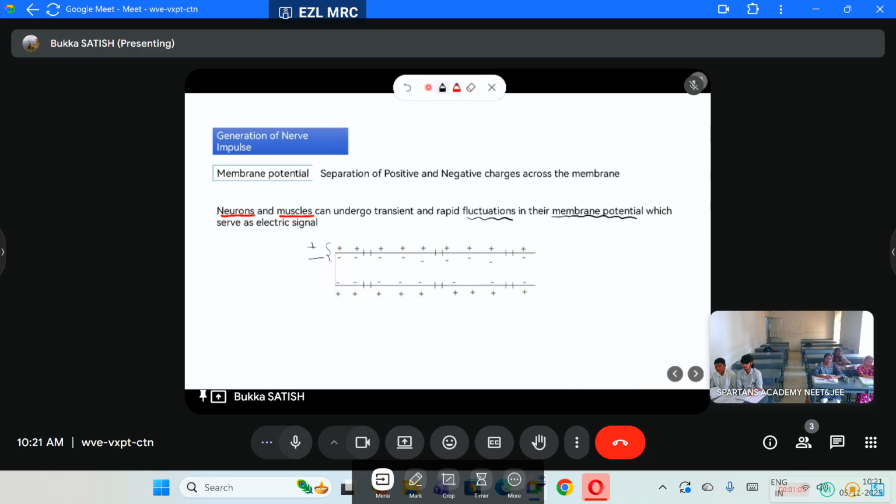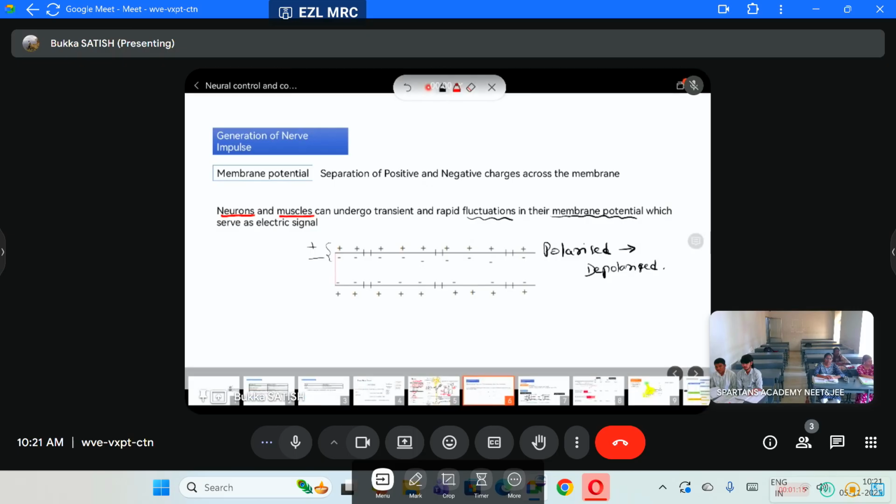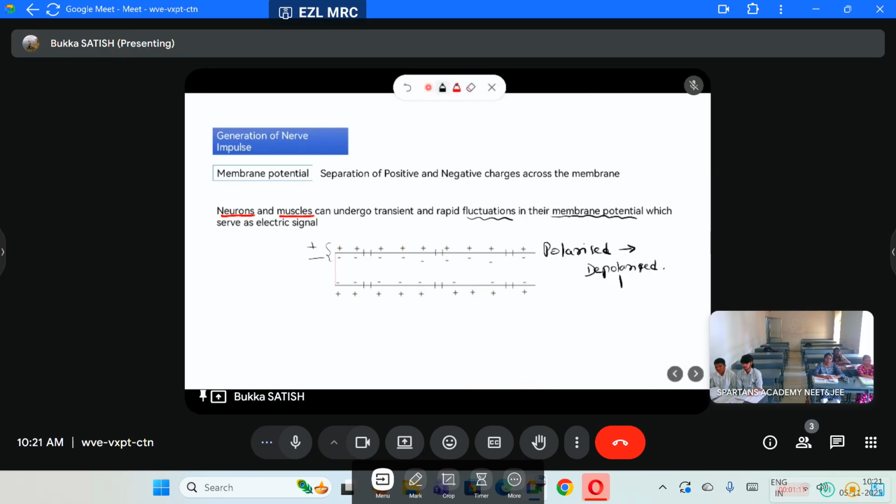This condition is what we call polarized, which is going to be depolarized. And again, it will undergo change back into the polarized condition, which we call repolarization, repolarized. So these are the changes that we are going to see now. Just note down this statement.